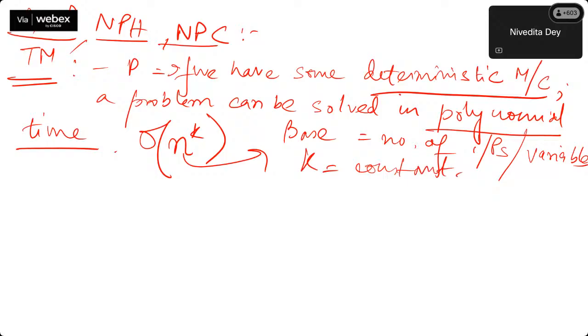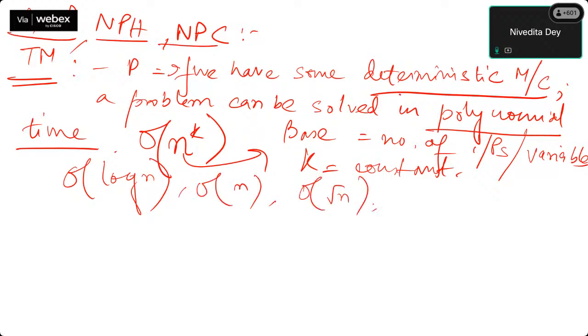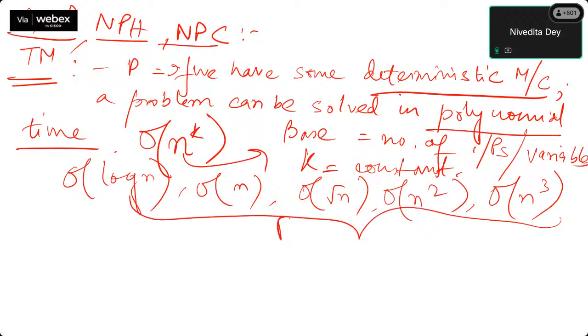Okay, so this is the fundamental definition. There can be certain alterations, but this is the fundamental one. So that means complexity classes like order of log n, order of n, order of root n, order of n square, n cube, all these complexity classes belong to P, right?